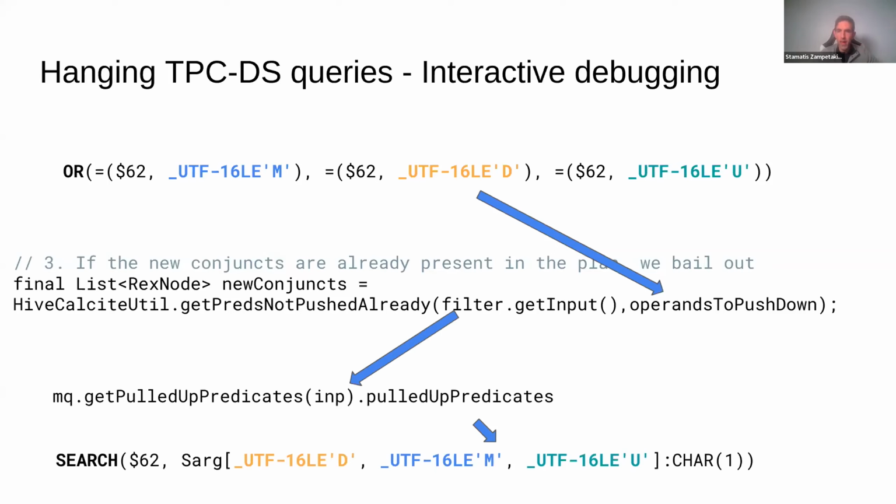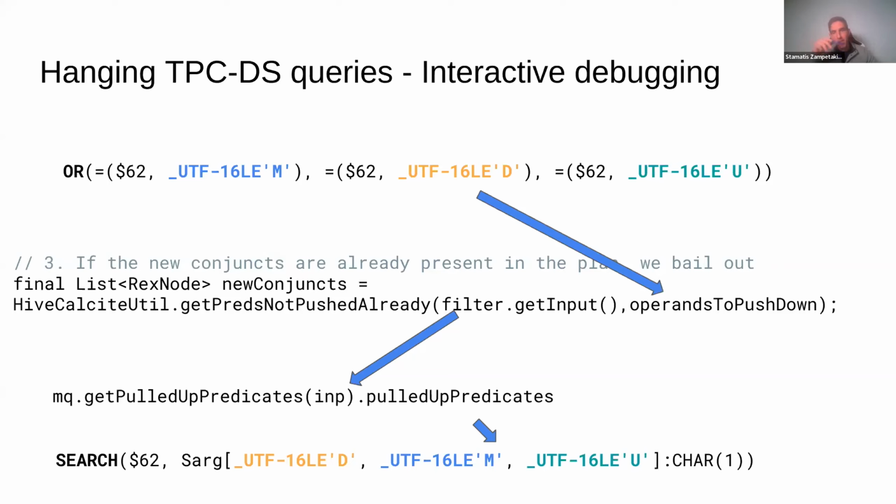So the rule internally relies on the built-in metadata providers in Calcite, in particular, getPulledUpPredicates. We are checking the pulled up predicates to see if it contains the OR that we have seen above.